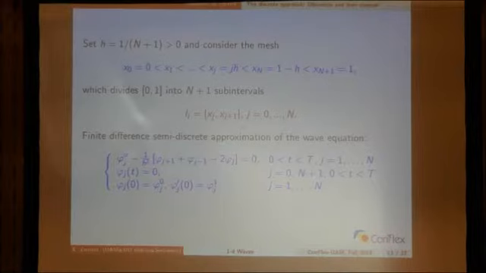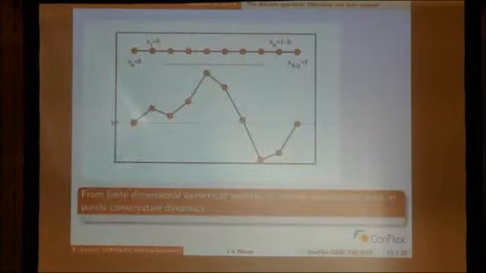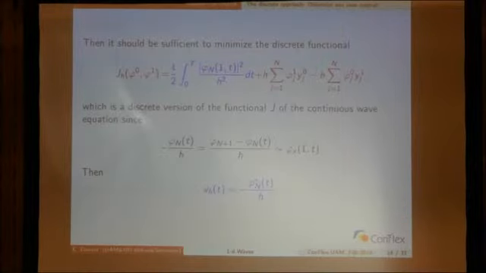Okay. So now I could look at the discrete analog of everything I have done, and of course, I will get the natural discrete version of the functional J I was considering before. In particular, I will have that the discrete version of the normal derivative is given by phi_N over h, right?